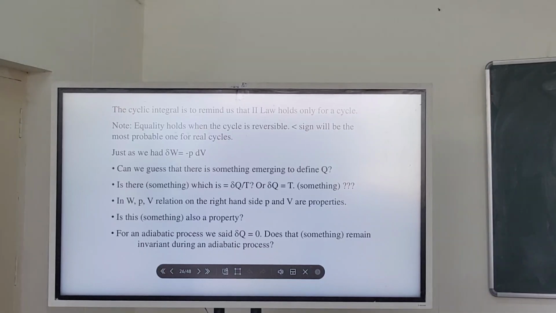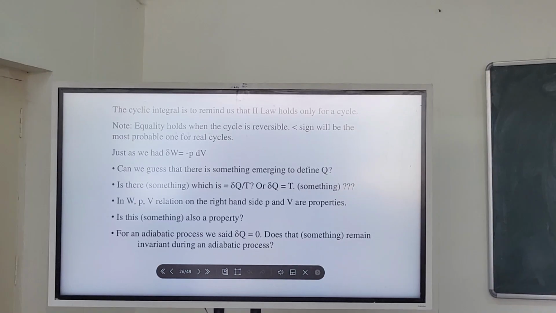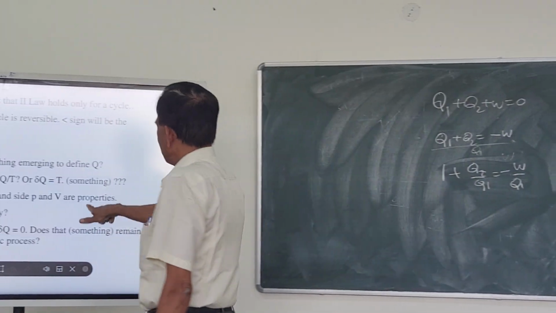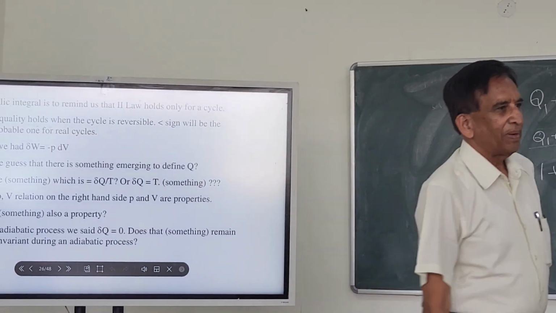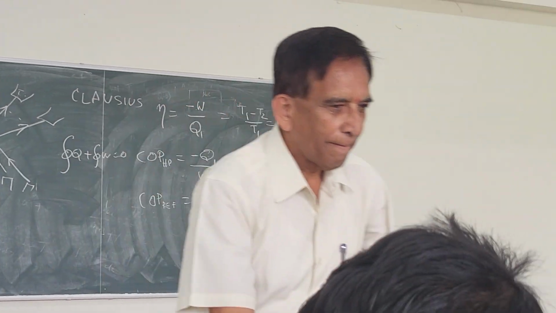What about volume? Volume is an extensive property. Okay, right. So what is the product of one extensive property and one intensive property? Temperature is an intensive property.